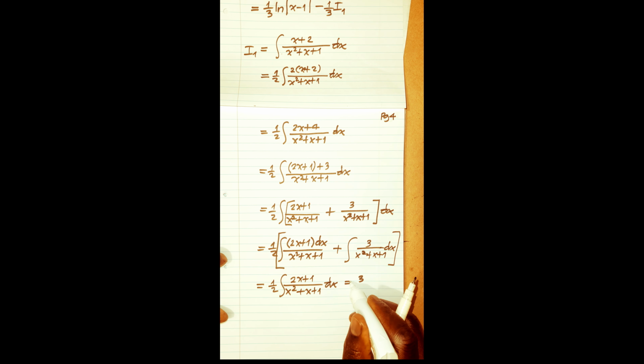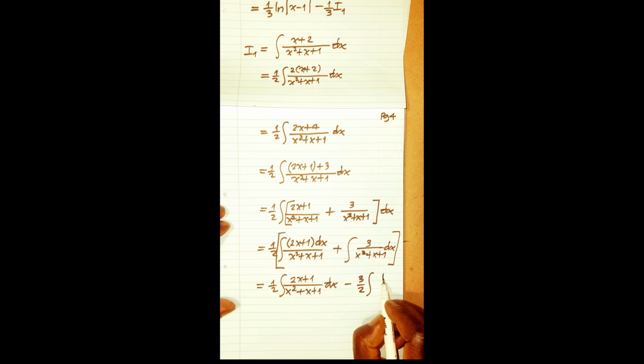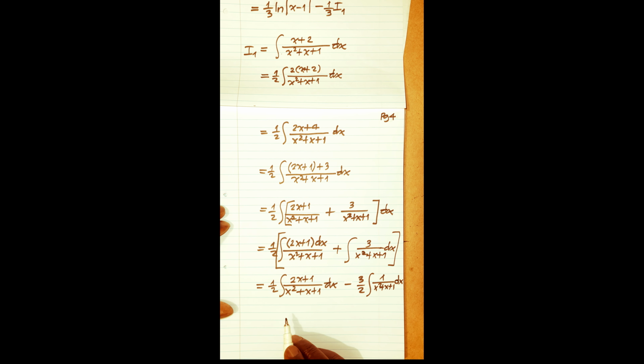We have to have a plus sign there. It's that plus sign, right? So 3 over 2, the integral of 1 all over x squared plus x plus 1 dx. Nice. So this, like I said, I'm going to put a plus sign there in a moment. Now, so let's work on this part.